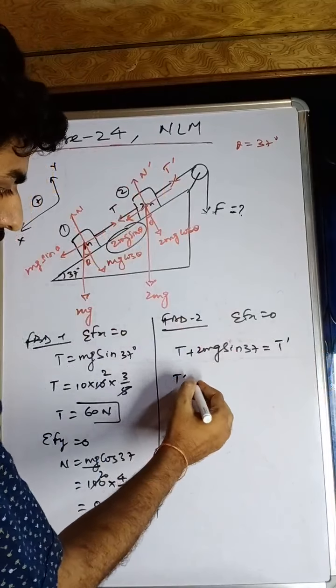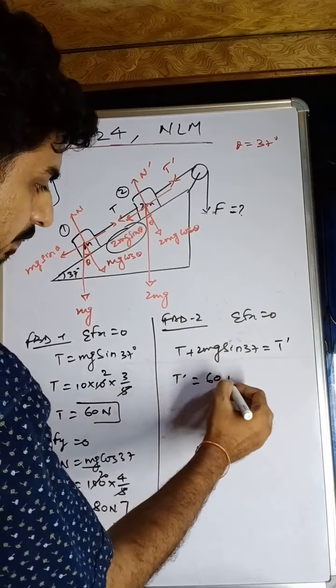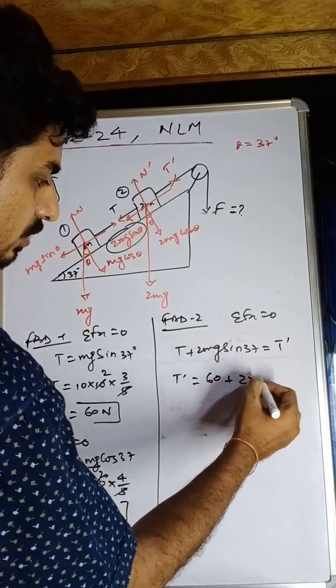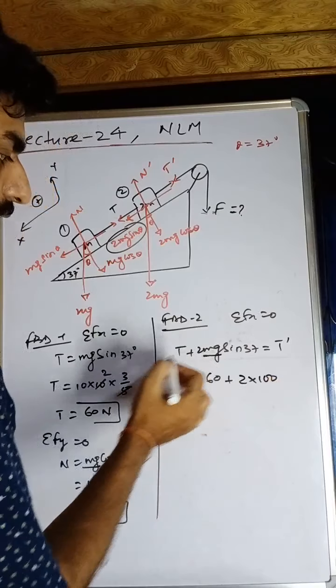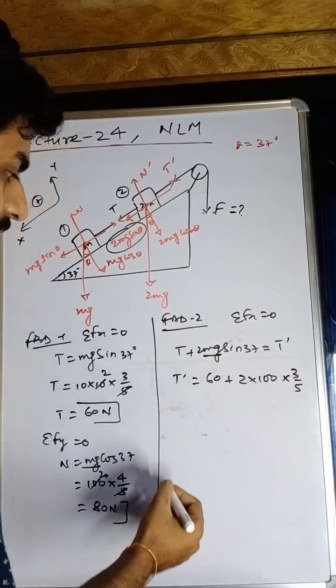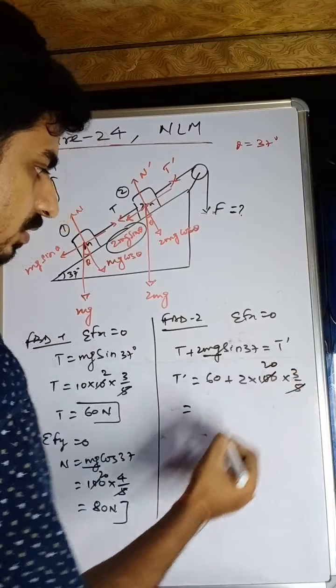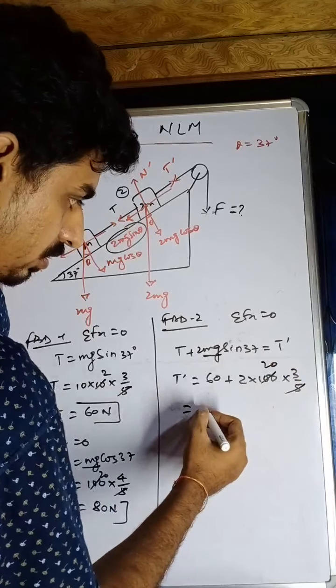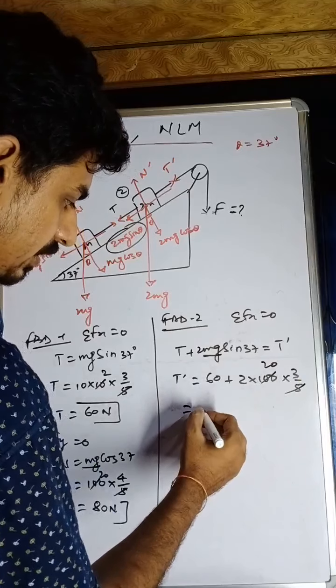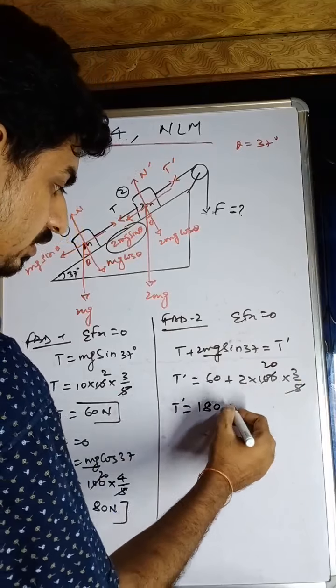So T dash will be T, which we have calculated as 60, plus 2 mg, that is 2 times 100, where 100 is mg. Now sin 37 is 3/5. So it is 120 plus 60, that is 180 Newton for T dash.